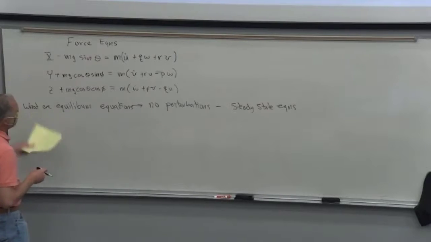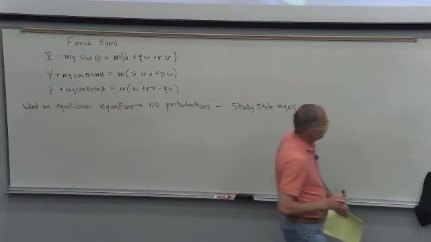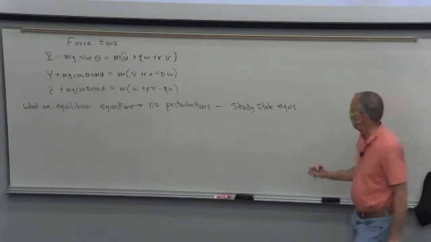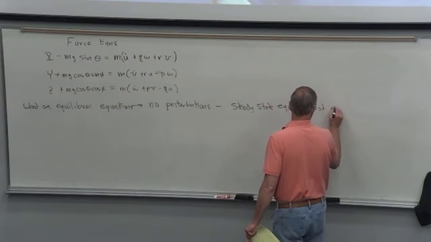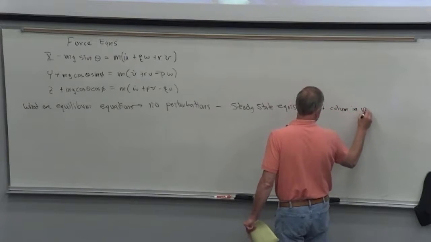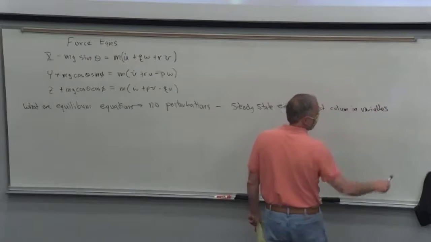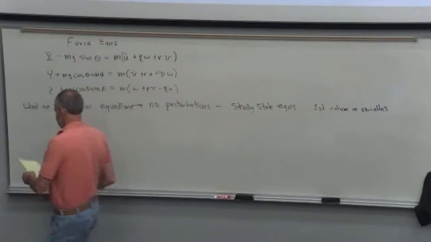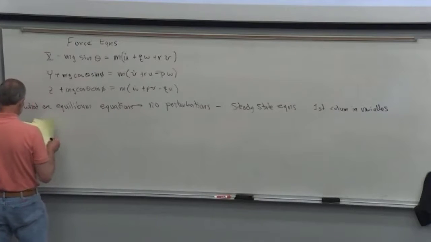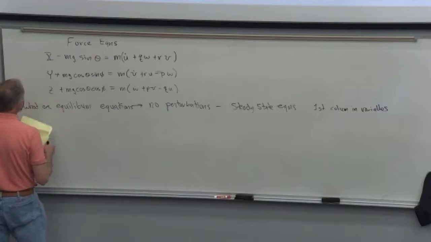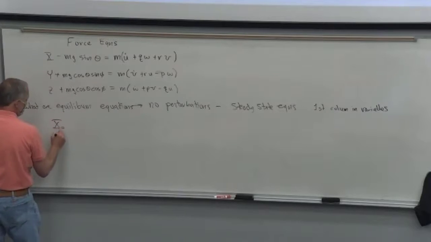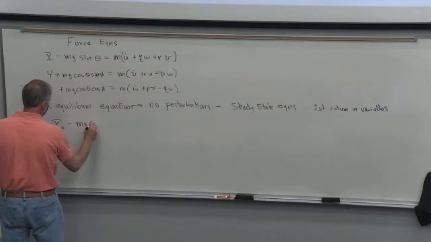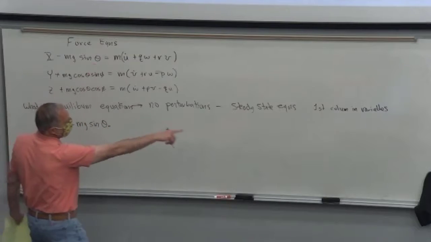All right, so if we look at these equations, and if there's no perturbation, that means we're just dealing with the first column in all of these. And this is going to be pretty simple because most of the stuff is zero in the steady state flight condition. So we have an X0, and we have a minus mg sine theta 0, because we have a theta 0 over there.